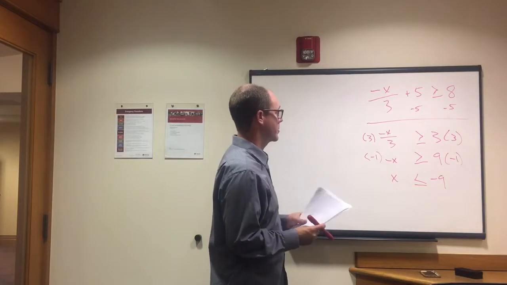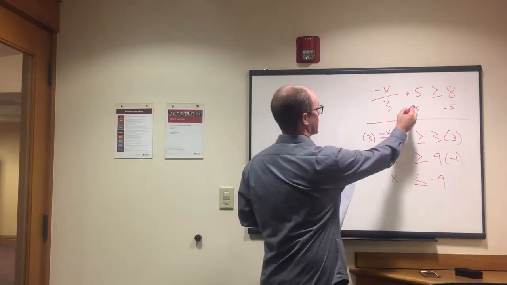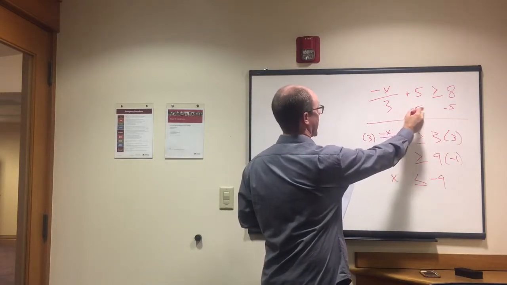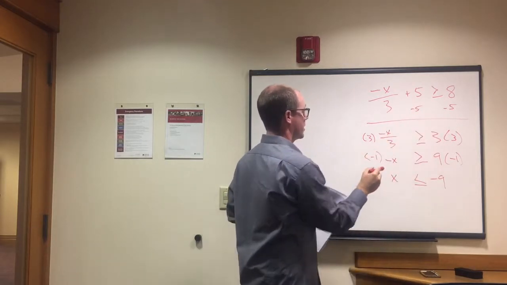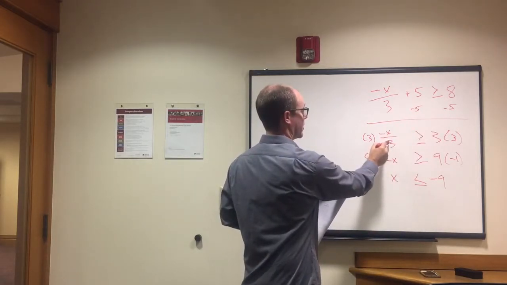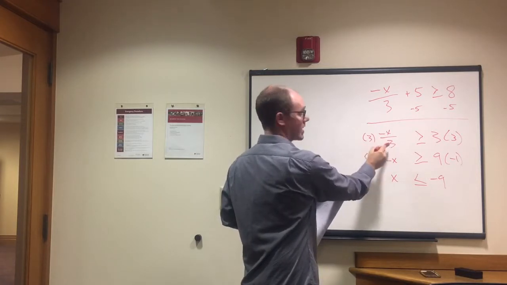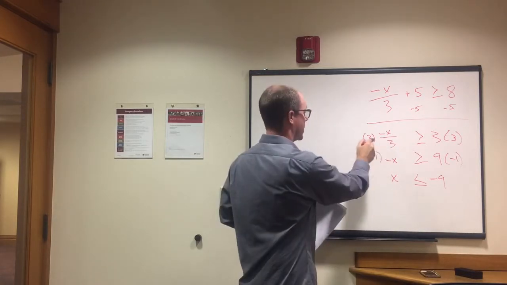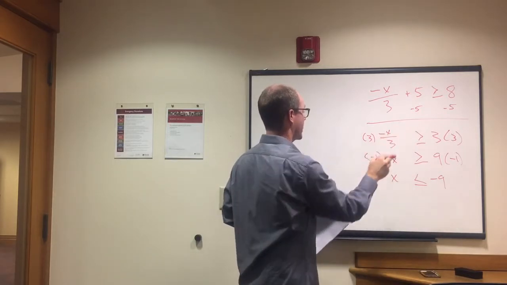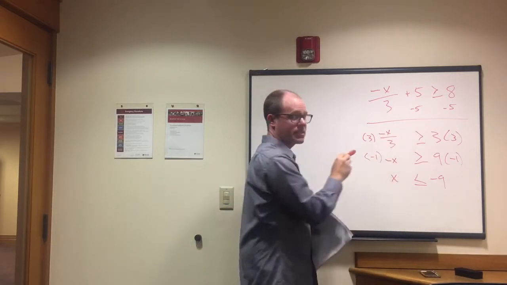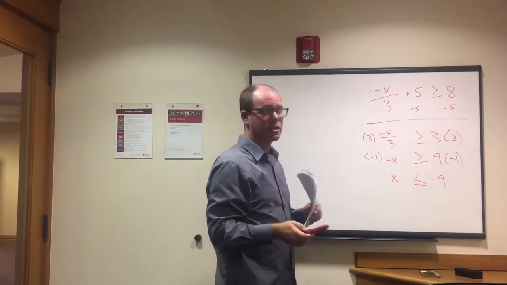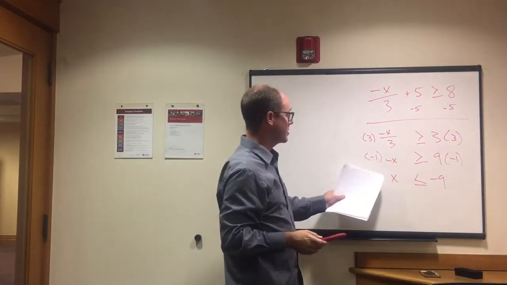So the big things to remember: we started off, get x by itself, so we have to subtract 5 from both sides, right? Then with this denominator, to get rid of that, we have to multiply by whatever number this was, which in this case was 3. Multiply by 3 on both sides, that gets rid of that. Then with this negative x, multiply by -1, that makes it positive.